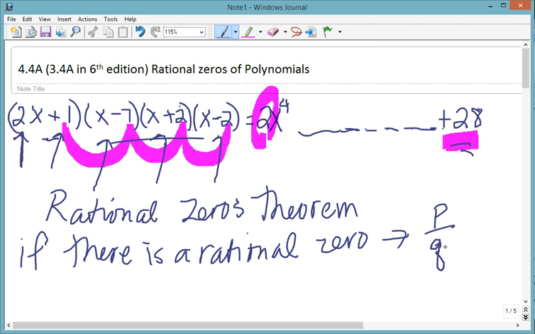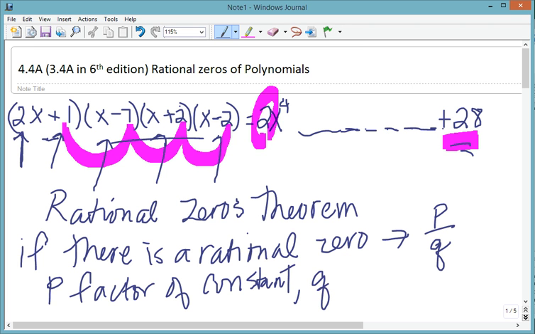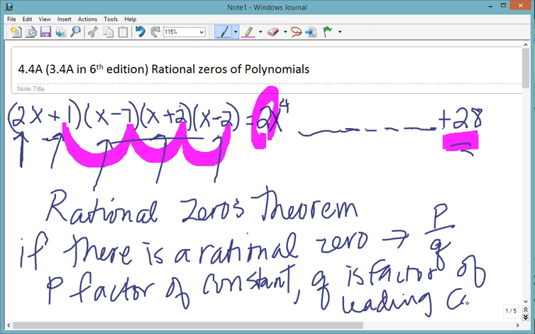We're going to call it P over Q, where P is a factor of the constant, and Q is a factor of the leading coefficient. Okay, so that's the rational zeros theorem.